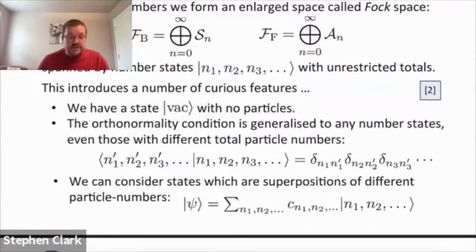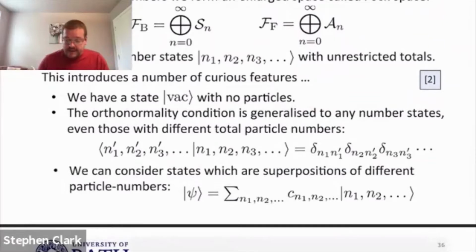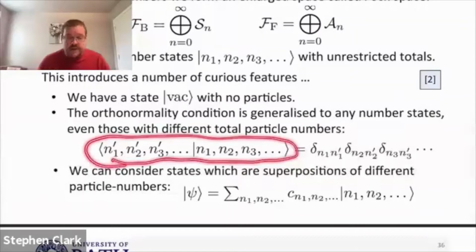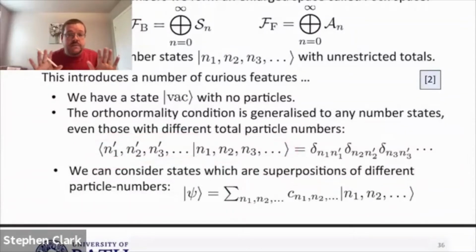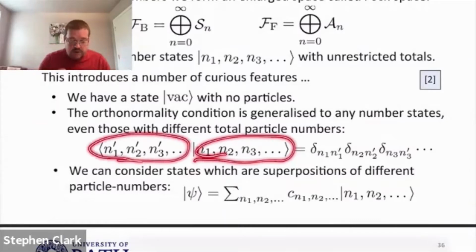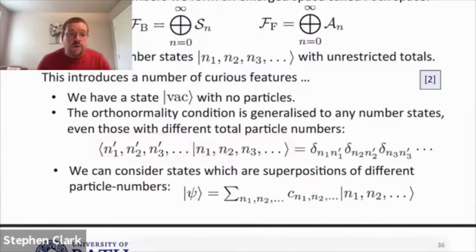And as I said, a curious feature of this is that we have a vacuum state now, which is slightly weird, and we have an orthonormality between the occupation number states. If they exist in different subspaces, say, for instance, if this had n particles and this had n plus 1 particles, they would automatically be orthogonal to each other. Okay, so they've inherited that.